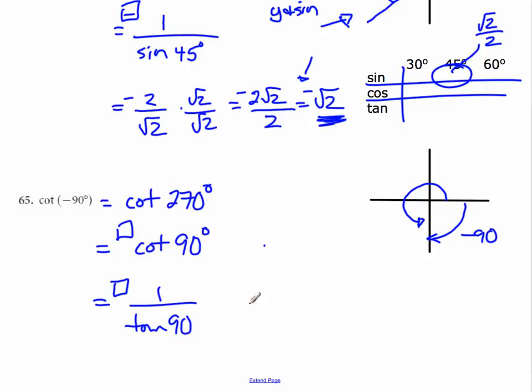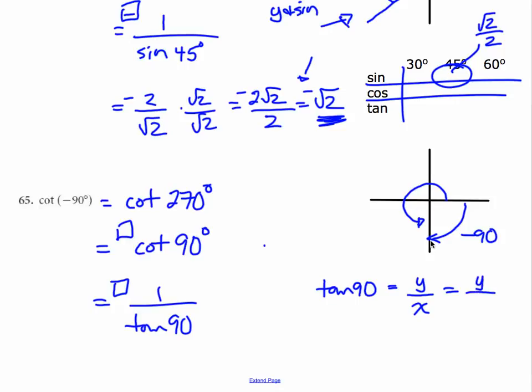Let me just write it over here. If I'm just doing the tangent of 90, that's equal to y over x. And y at this point would be some kind of a number. I don't know what it would be. We'll just call it y.